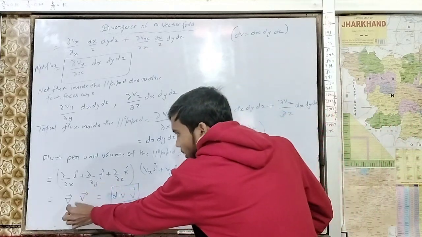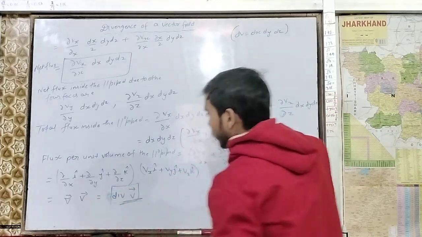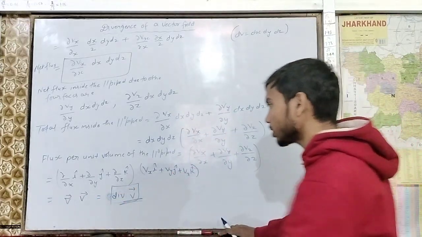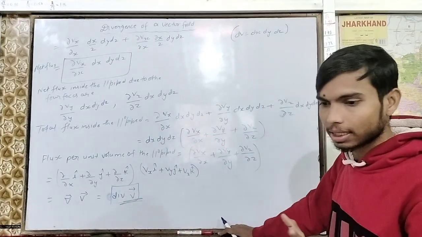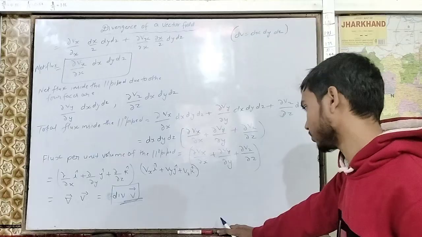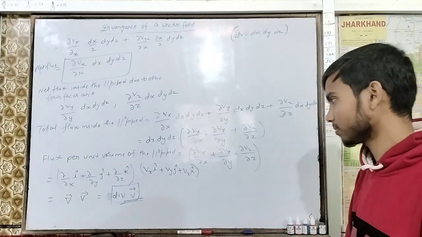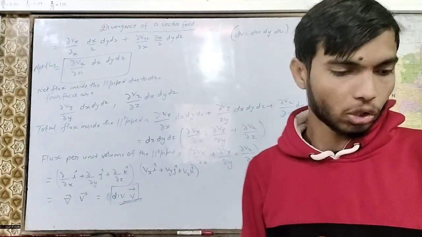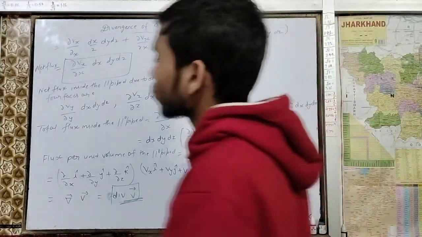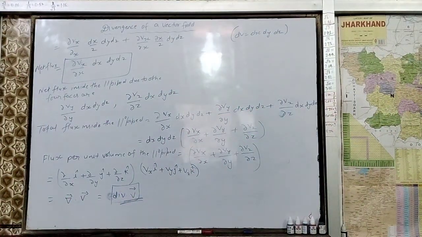Then this is the del operator and the velocity vector. So it is the divergence of velocity. The velocity of the fluid is diverging. Clear? That is how you write the divergence of a vector field.